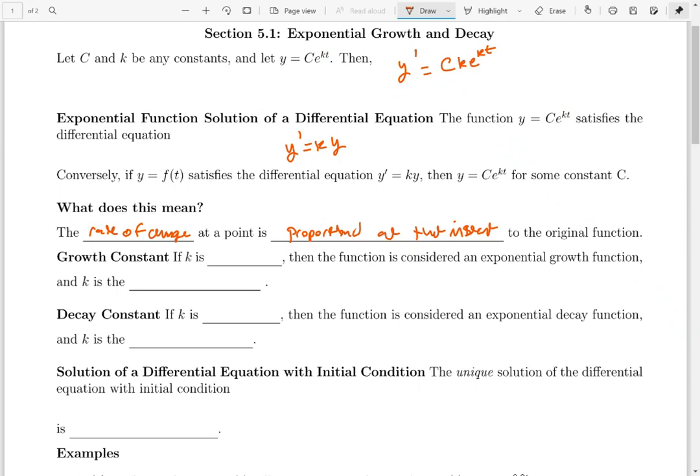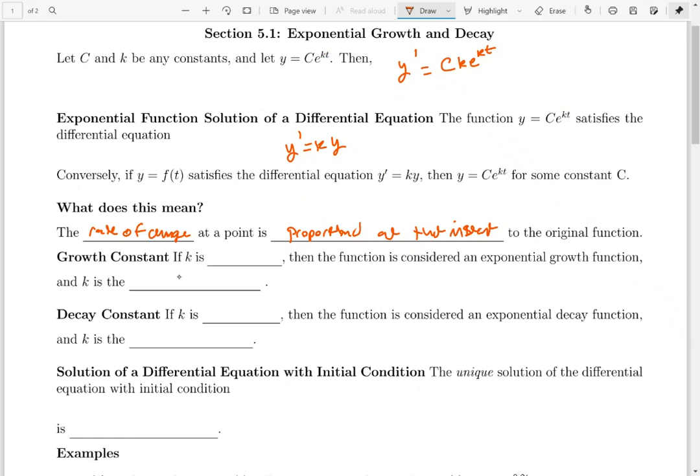Well, then we're going to talk about this thing called a growth constant and decay constant, because I claim that specifically this y equal to c times e to the kt is an equation for exponential growth and decay.